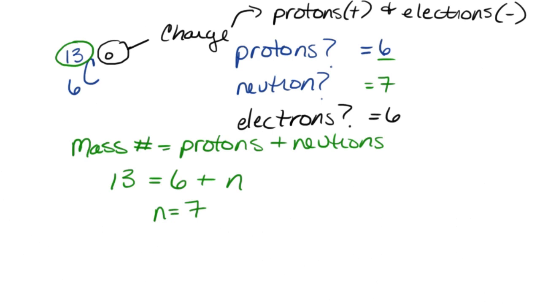So let's look at an example where we have something that's not neutral. If we look at a slightly different example, here I've got oxygen, and I'm going to have a -2 up here for my charge. I'm also going to put the atomic number of oxygen on here so that we can see it, and I'm going to put the mass number here as well.